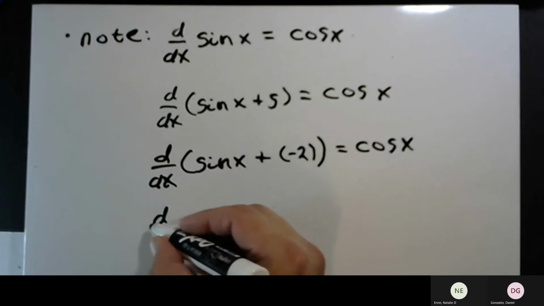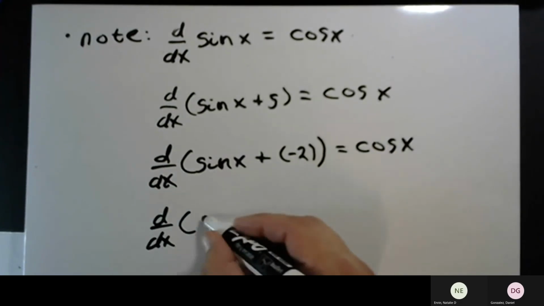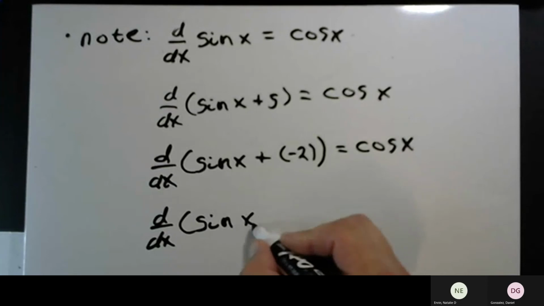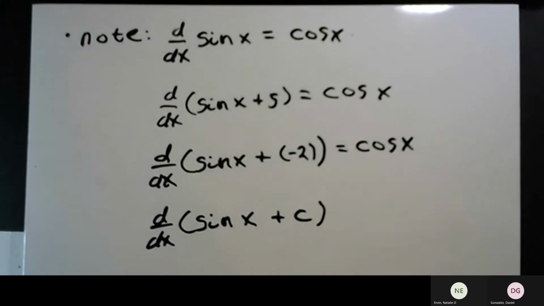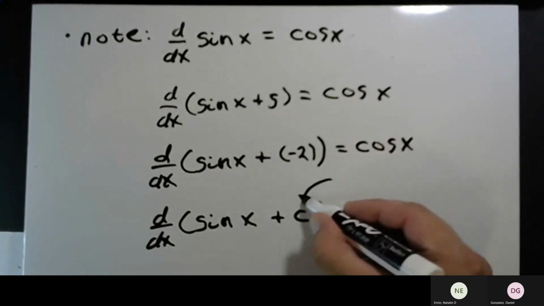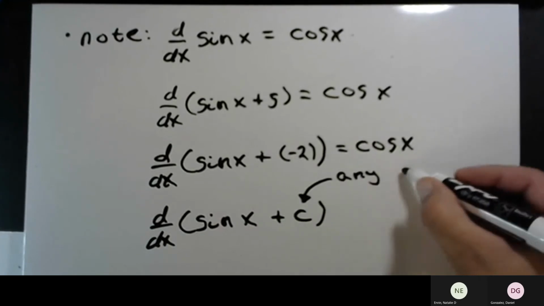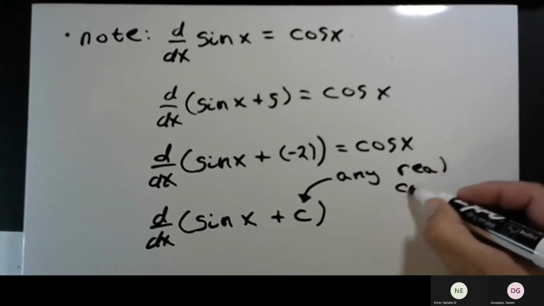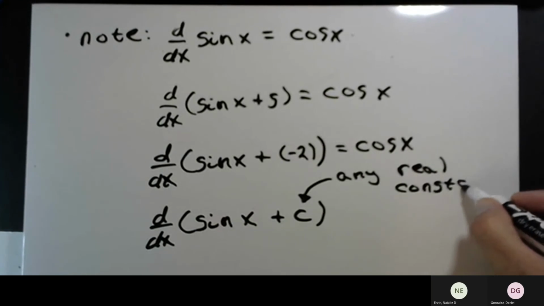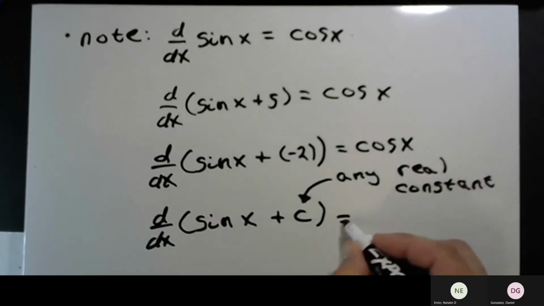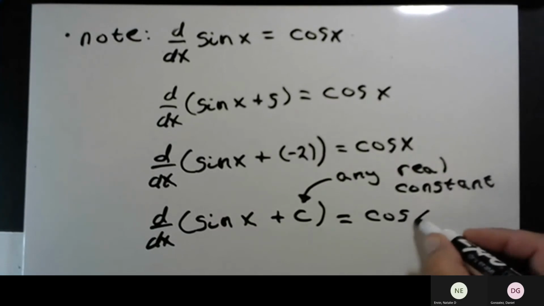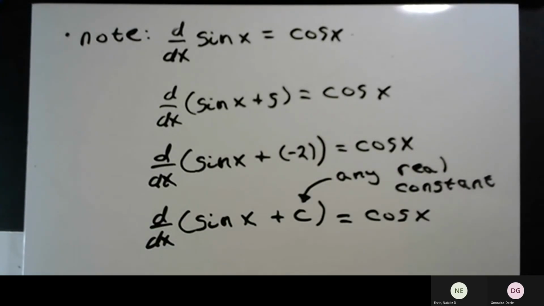In fact, in general, if we take the derivative of sine x plus c, for any constant, you're going to get cosine of x. So what makes antiderivatives different is whether or not we're adding a constant to our antiderivative.